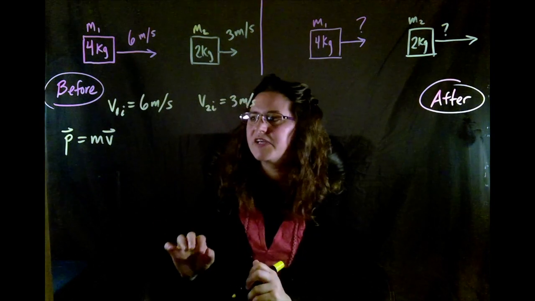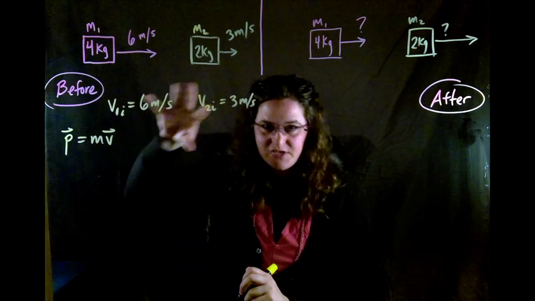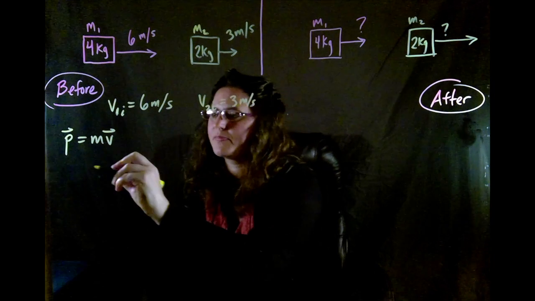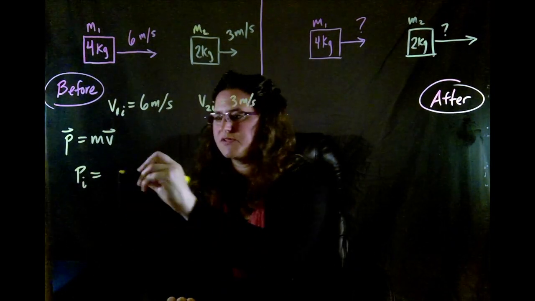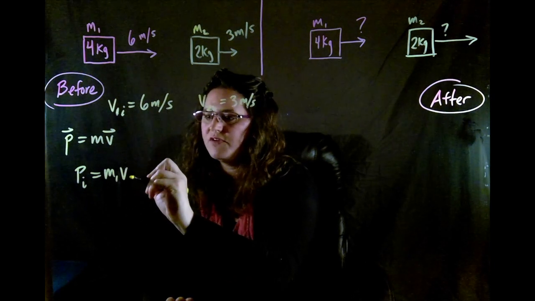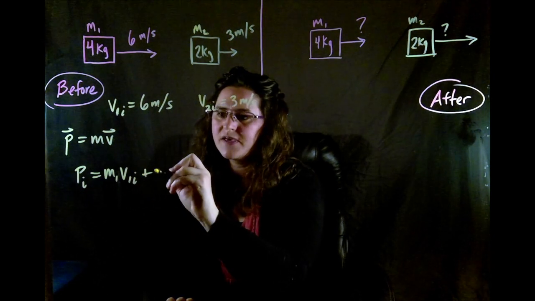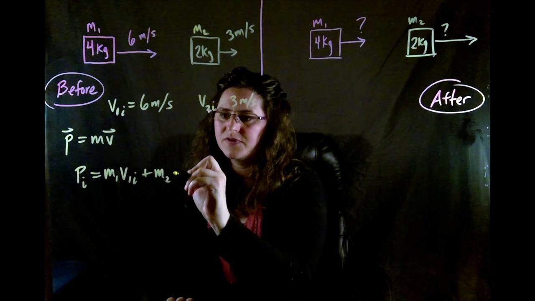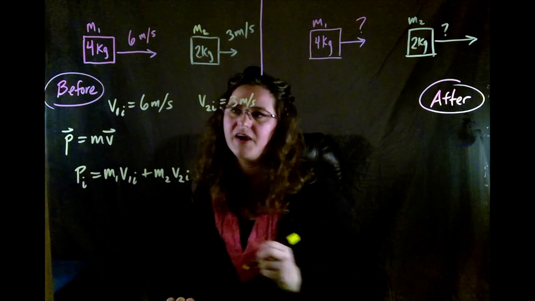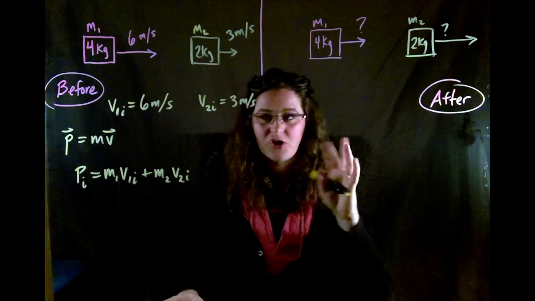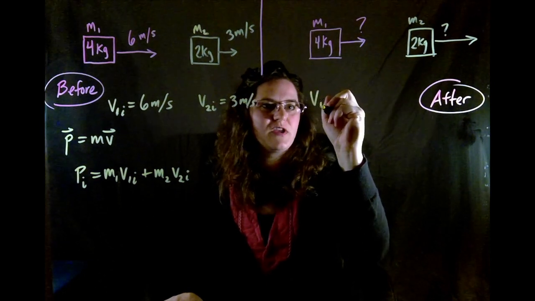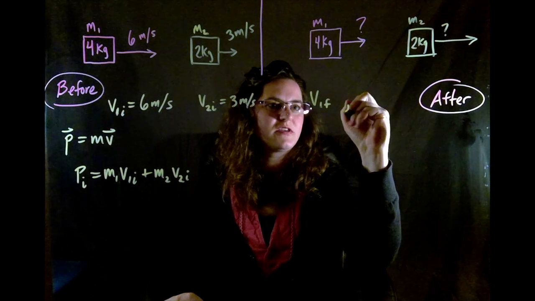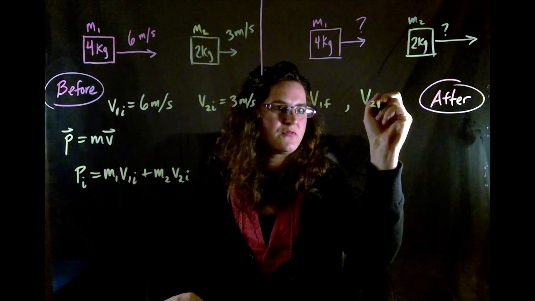Let's go ahead and find the total momentum of the initial system. P initial is equal to m1 v1I plus m2 v2I. Our unknowns in the final situation are v1 final and v2 final.